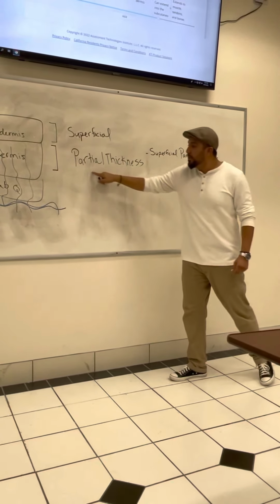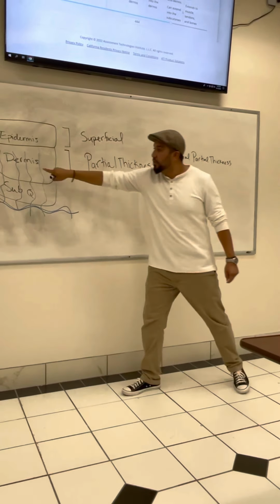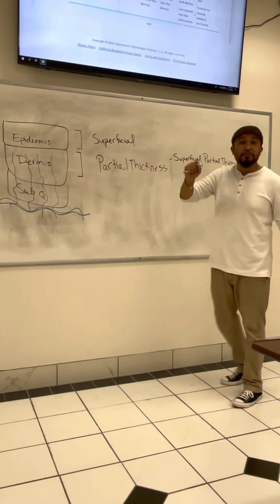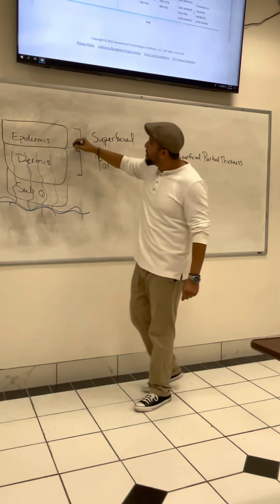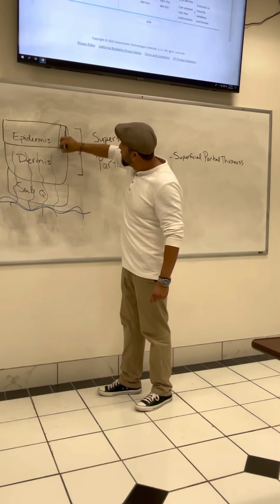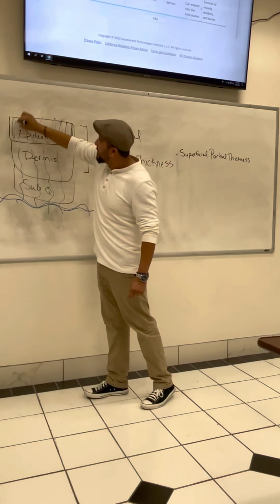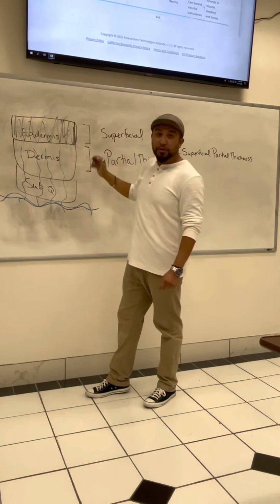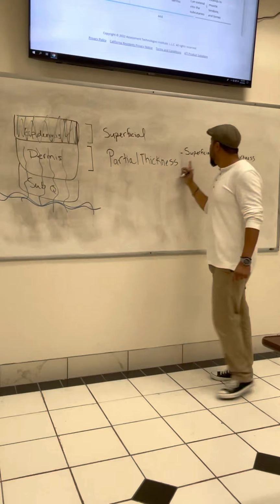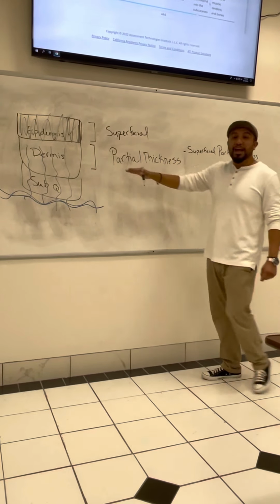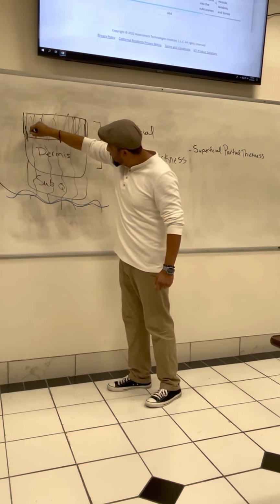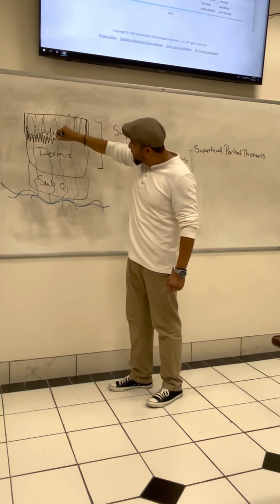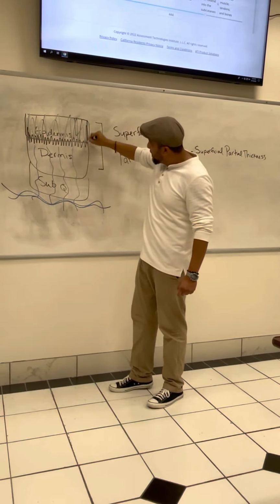Now, we've established that partial thickness means what? Dermis. But if it's a superficial partial thickness burn, it looks like this, that means that the burn has come all the way down. This is superficial, right? And then superficial partial thickness, this word lets you know it's now entered the dermal layer. So superficial but partial thickness means it's at least encompassed the top part of the dermal layer.